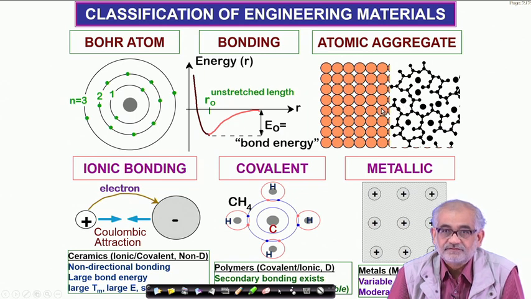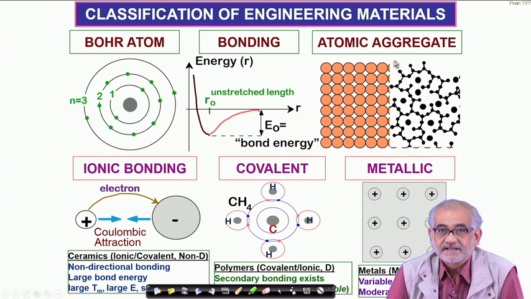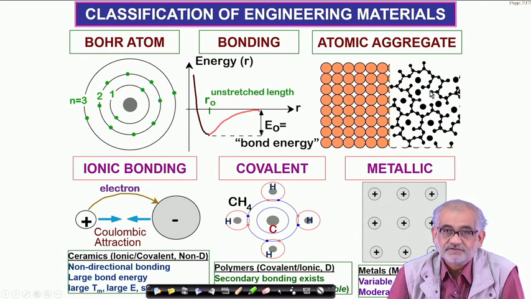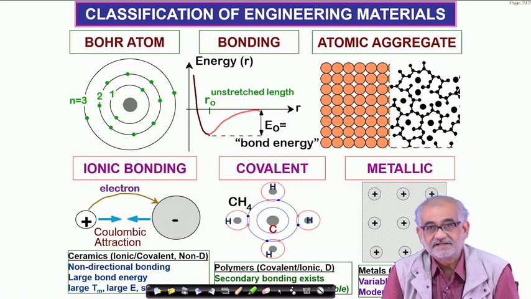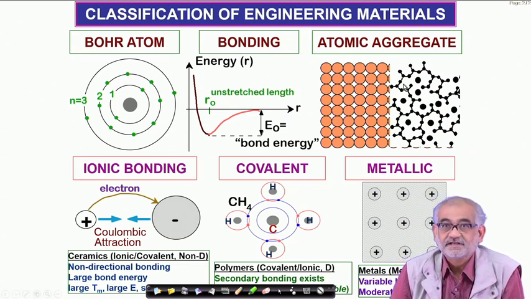And when we talk of aggregates of atoms or molecules or ions, they can manifest themselves in two possible ways. One is this three-dimensional periodic aggregate, which we call crystalline. And the other possibility is when they don't maintain three-dimensional periodicity, we call them non-crystalline or amorphous, and even a subset of that is called glassy materials.